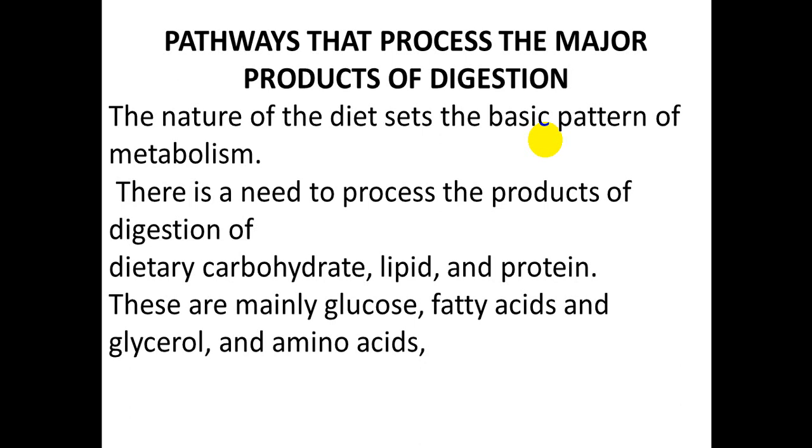These are glucose, fatty acids and glycerol, and amino acids. The most common product in the net reactions of metabolism is acetyl coenzyme A, which is then oxidized by the citric acid cycle to produce ATP energy.